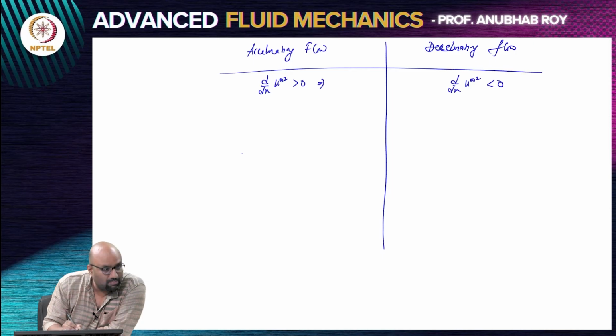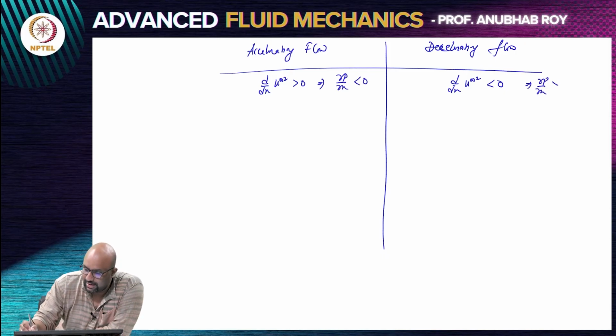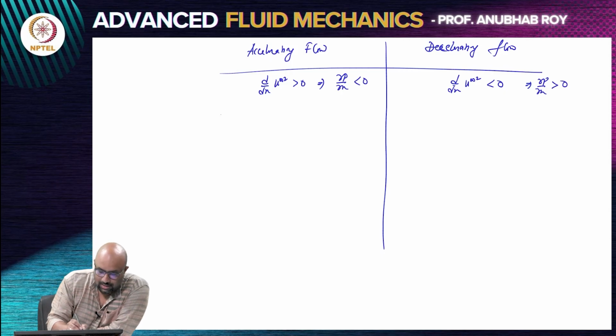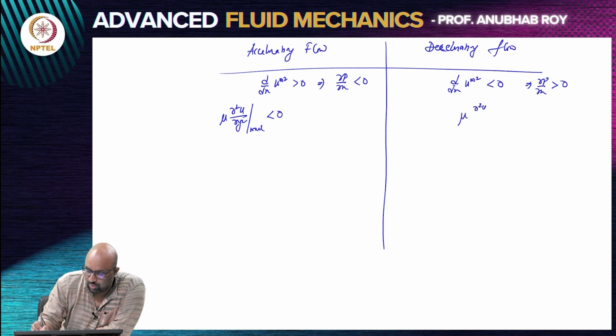This implies from my Bernoulli equation that ∂p/∂x is negative for the accelerating case, and ∂p/∂x is positive for the decelerating case, which further implies that μ ∂²u/∂y² at the wall is negative. Here you have μ ∂²u/∂y² at the wall as positive.